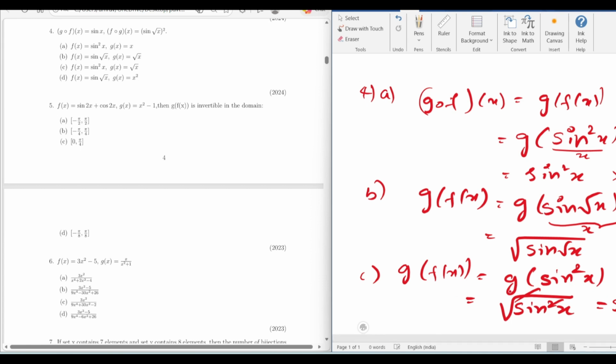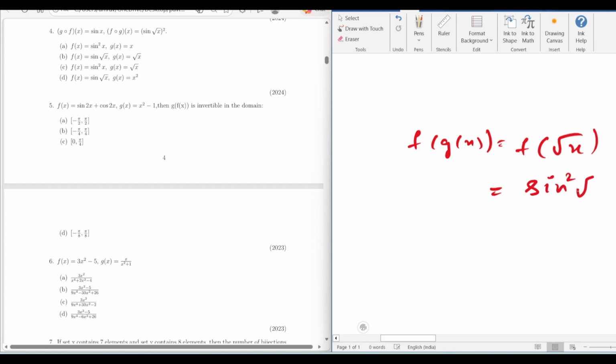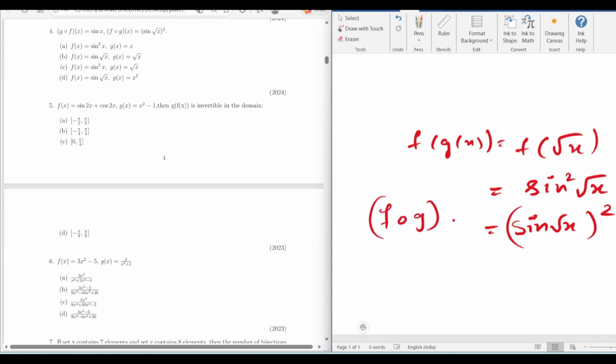If you want to cross check, you can do it for f of g of x too. So f of g of x, where g of x is root x. Now this acts as your x value and f of x is given as sin square x. Your x value is root x. This is nothing but sin root x whole square, which is nothing but f composition g of x.